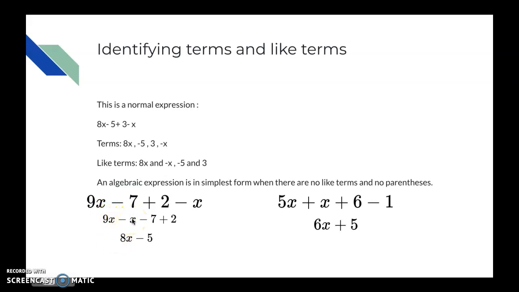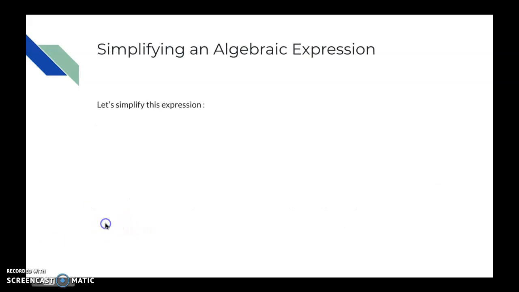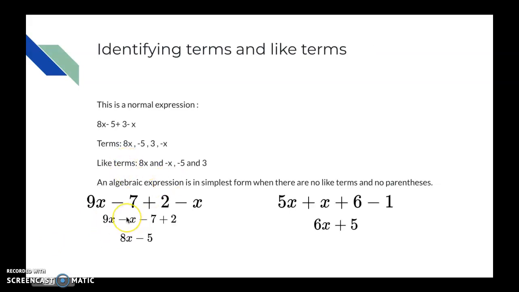You must have learned it before, but if you haven't, I will remind you: in front of a variable, there is always a 1. Even if there isn't a number in front of a variable, there is a 1. So it's like 9x minus 1x. Just keep that 1 right here.